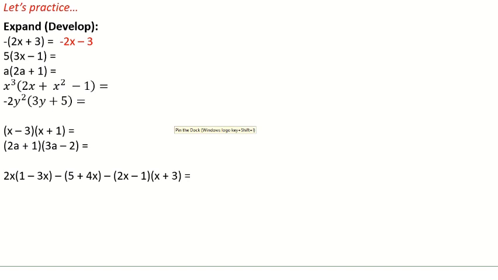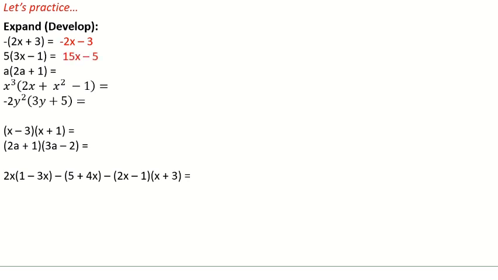Now we have 5 into (3x minus 1), so I'm going to multiply 5 by 3x, then 5 by minus 1. For 5 by 3x, we multiply the coefficients, 5 times 3, which is 15, and we keep the variable, so 15x. Now 5 times minus 1: they are different signs, so it's minus 5.